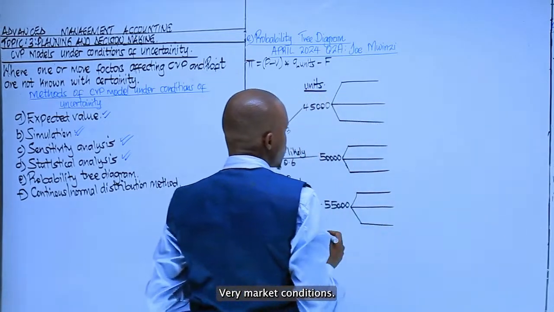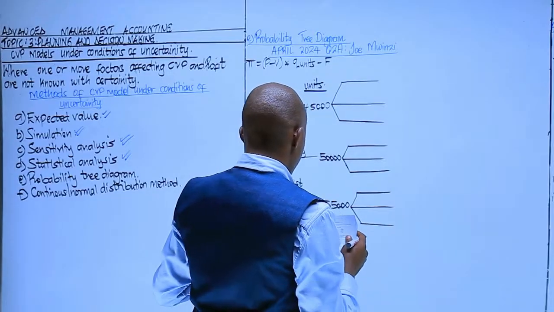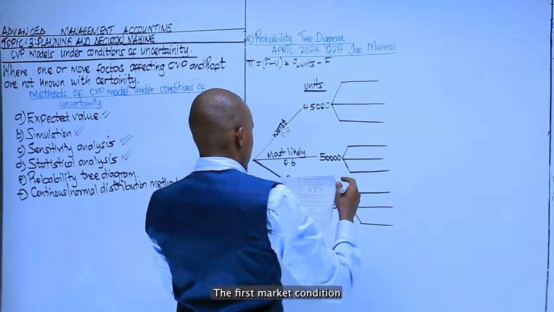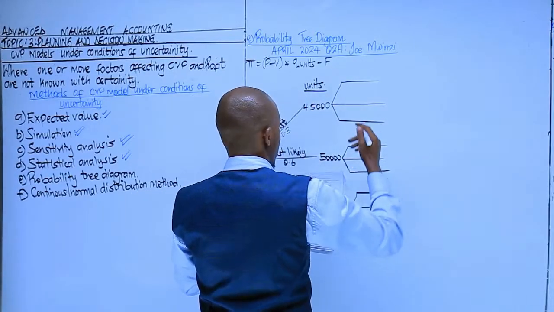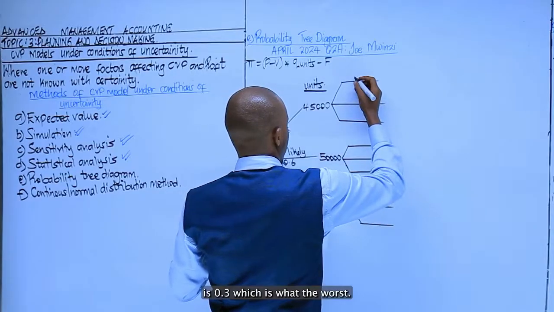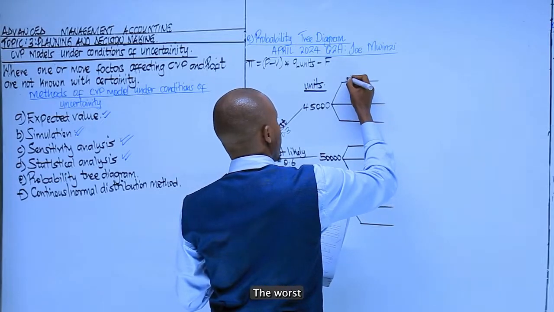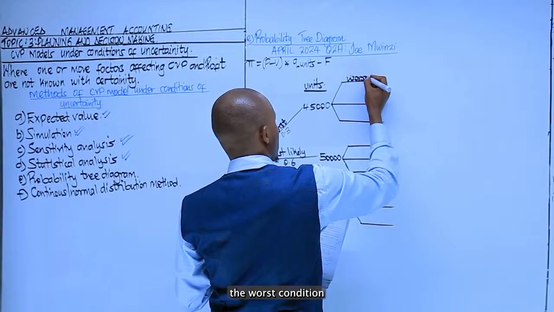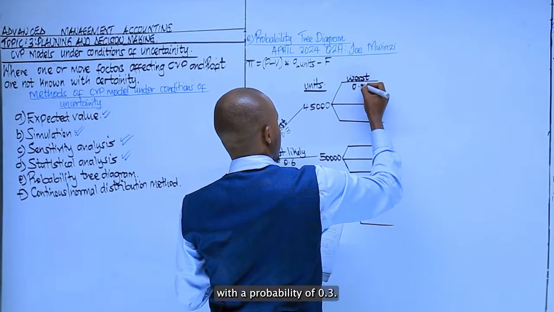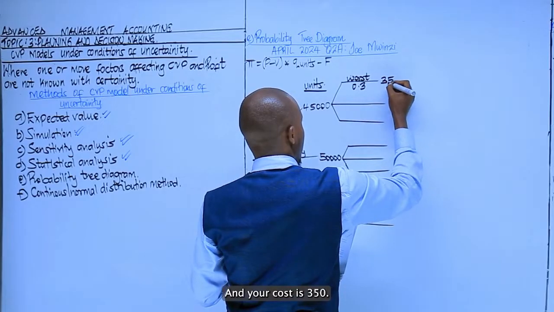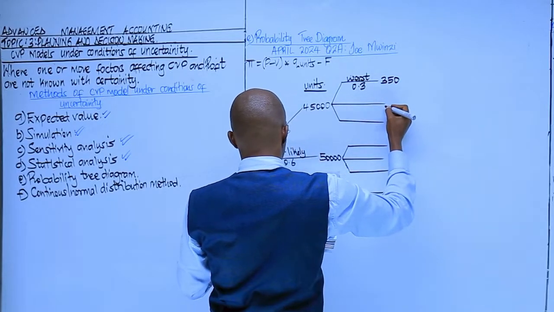The first market condition is 0.3, which is the worst. The worst condition with a probability of 0.3 and your cost is 350.